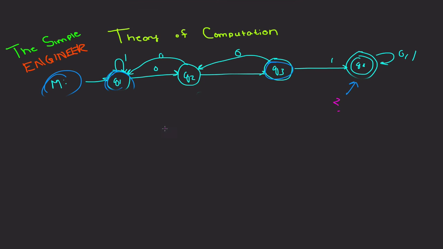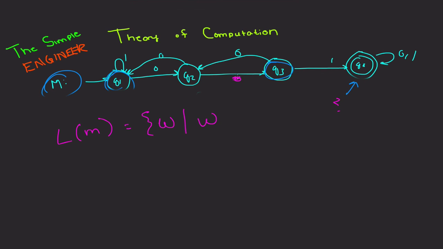Well, what you say is M is going to recognize the language. It's going to be a set, and we'll say there's a string W. Here, W is going to be anything that contains the substring 0, 1, 1.